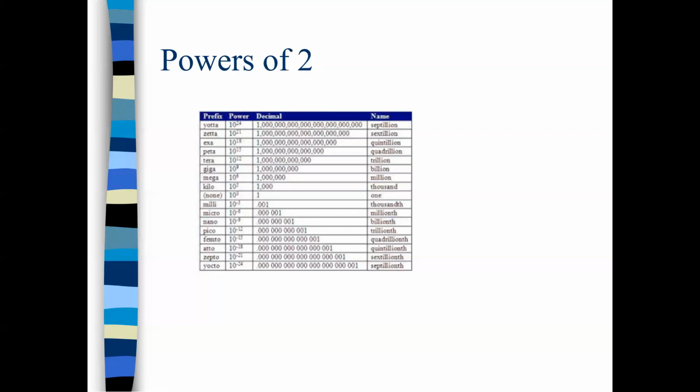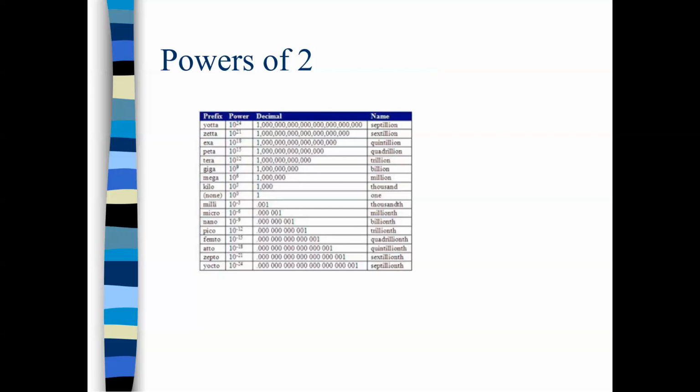We need a whole bunch of bytes together. And they were like, well, I guess we could say if we had 1,000 bytes, we could call that a kilobyte, right? That would be like 1,000 bytes. And if we had 1,000,000 bytes, we could call that a megabyte. And they just took some of those standard prefixes that already exist for kilo and mega and things like that, and added the byte to the end of it.